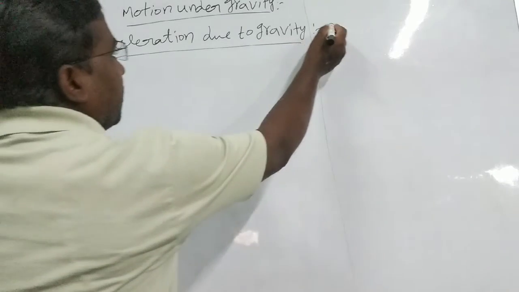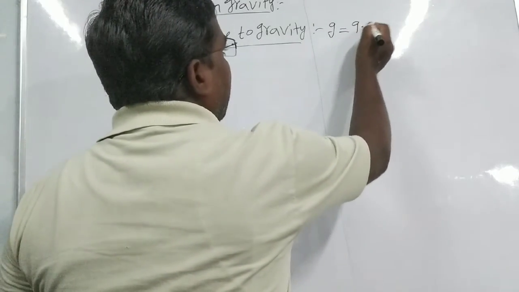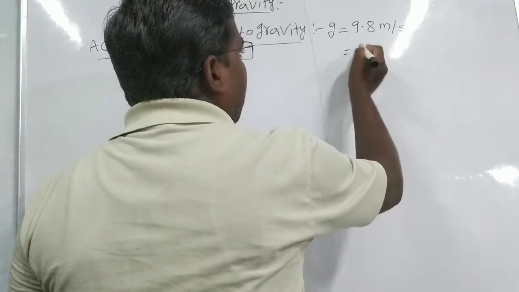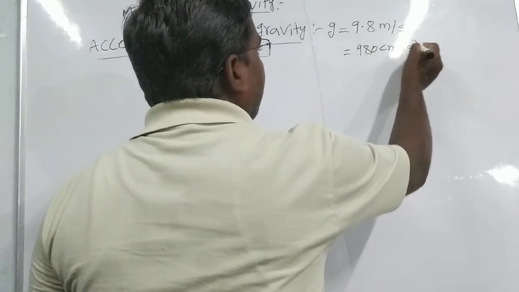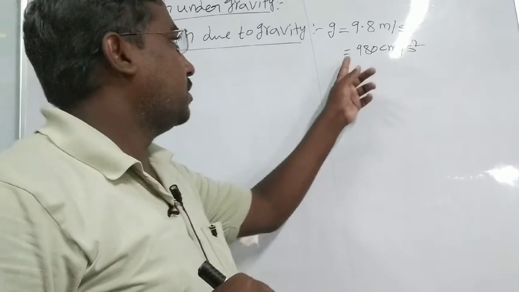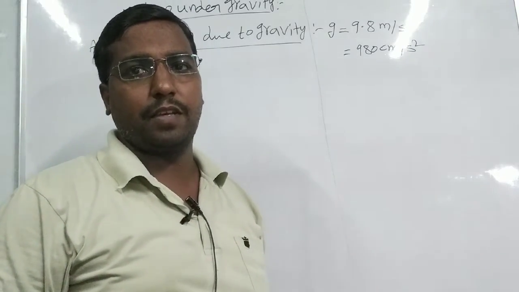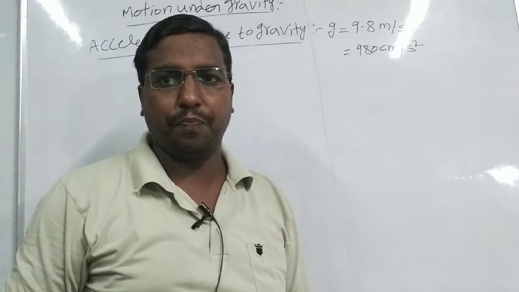This is represented by small g and its value is 9.8 meter per second square in SI units, or 980 centimeter per second square in CGS units.